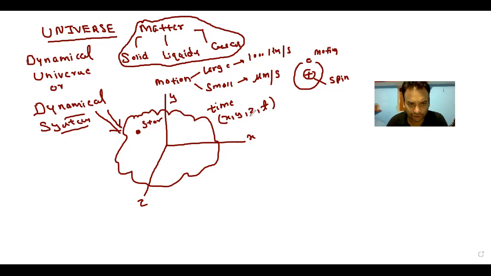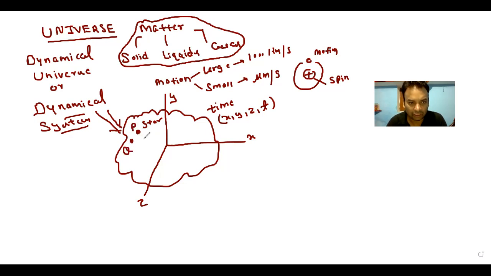With the help of these 4 coordinates, I can fix the position of any star or planet in the universe. The star is also in motion, so after some time it changes its position. Right now it is at P, and after some time it reaches a new position, which is Q.